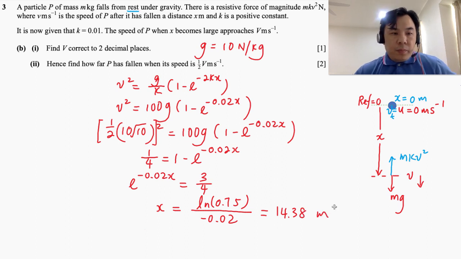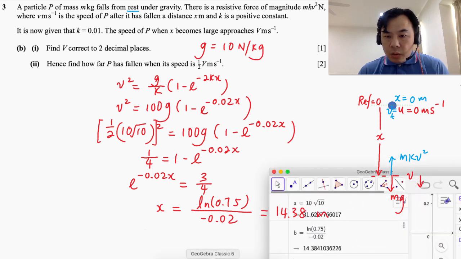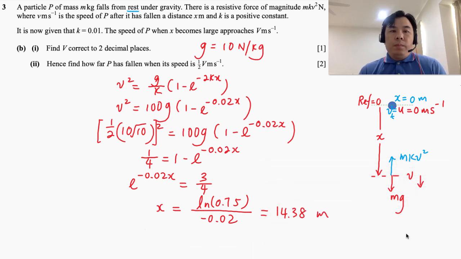Let me check in case I missed out: is it 38 or 28? Yeah, correct. So the particle has fallen 14.38 meters when its speed is half of V. I hope that this one is clear to you.